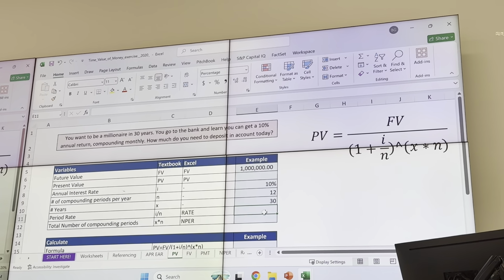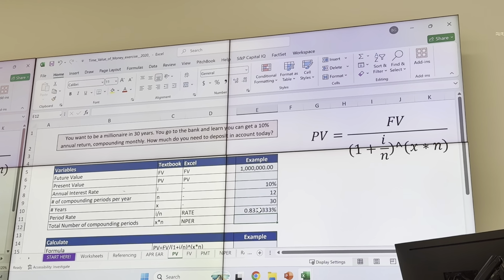First thing, rate, I divided by N. What is my I? 10% divided by my number of compounding. What do you say? Which is N. So I divided by N, which is 12.